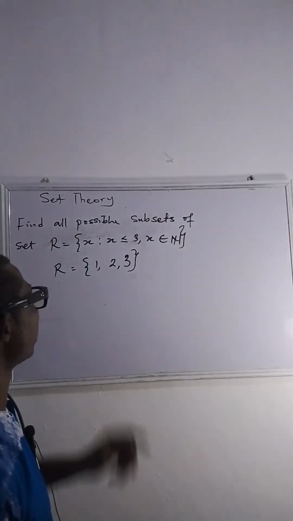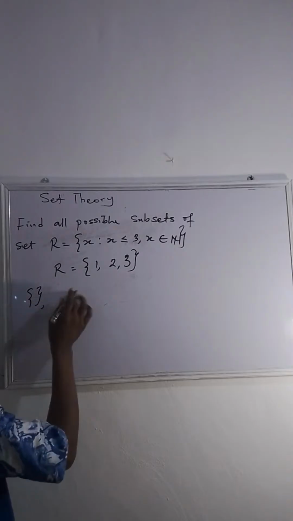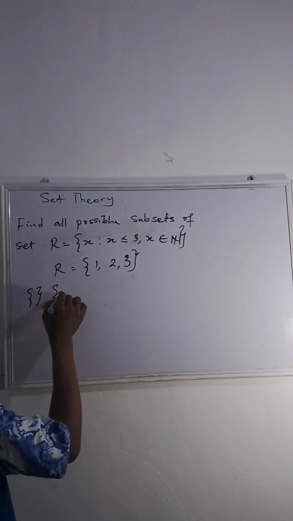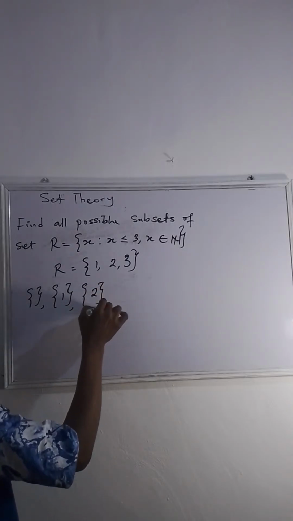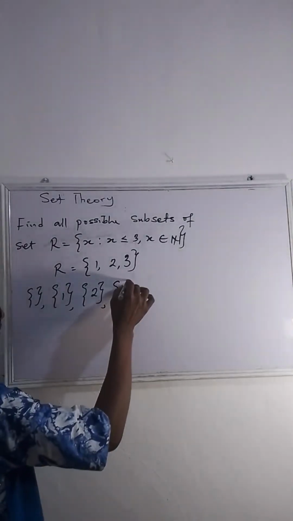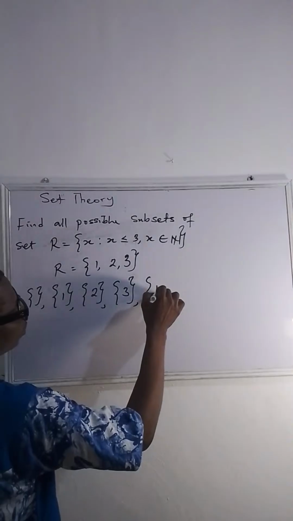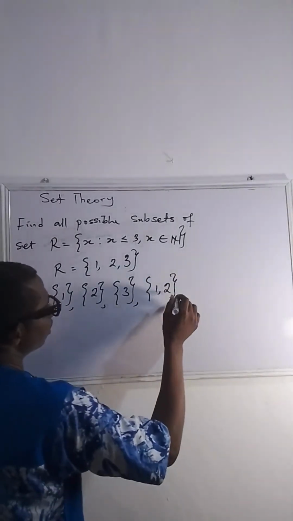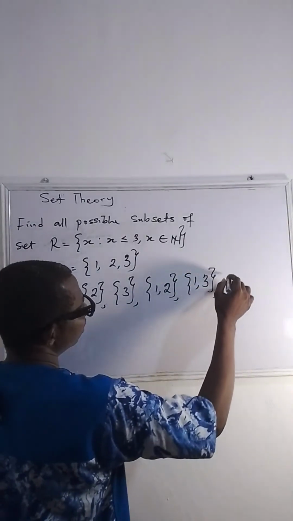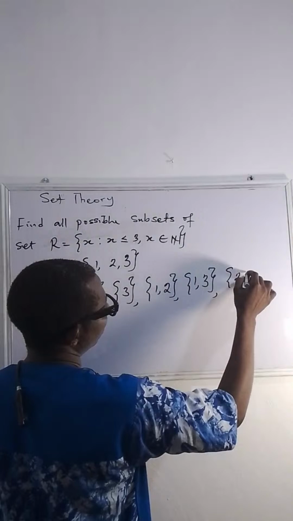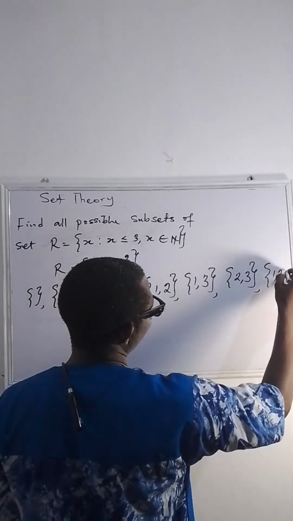Now, the first subset of this set is an empty set, followed by the set of 1, next the set of 2, the set of 3, next the set of 1 comma 2, the set of 1 comma 3, the set of 2 comma 3, and the last one, the set of 1 comma 2 comma 3.